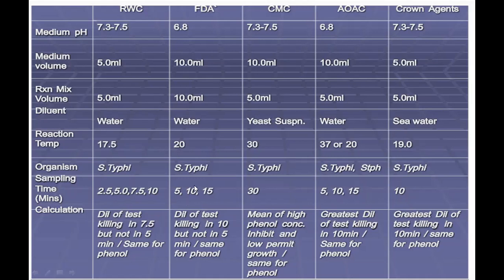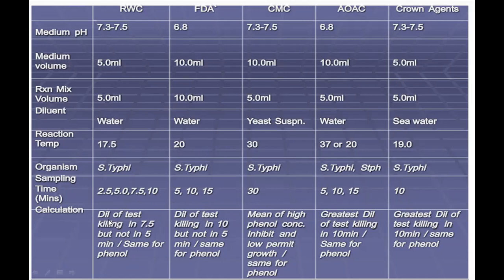The example that we just discussed was about the FDA test or AOAC test, because in that we have considered three time points: 5 minutes, 10 minutes, and 15 minutes. So, time points are different for the Rideal-Walker test: 2.5, 5, 7.5, and 10. And for Chick-Martin, there is a single time point. So based on the time points, the formula for calculation of phenol coefficient also varies.